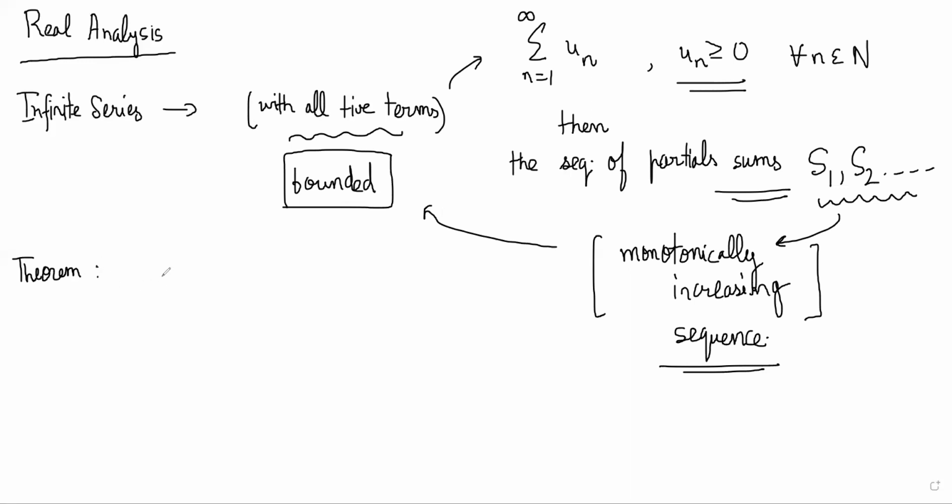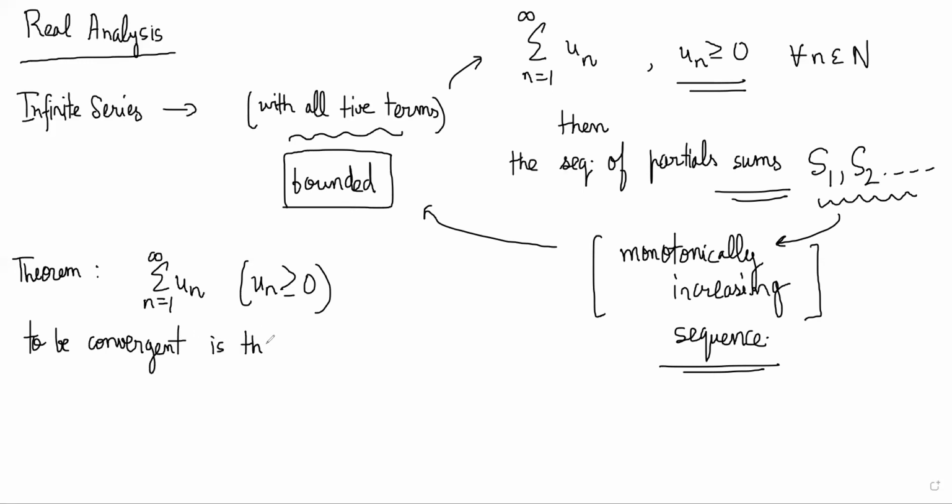a necessary and sufficient condition for the series sum from n equal to 1 to infinity of un, where un are all greater than or equal to 0, to be convergent, is that the sequence Sn of partial sums is bounded above.